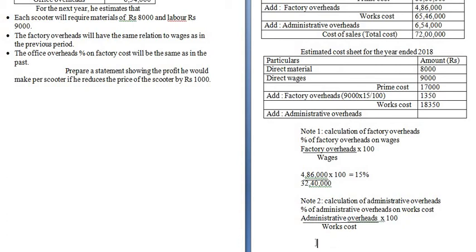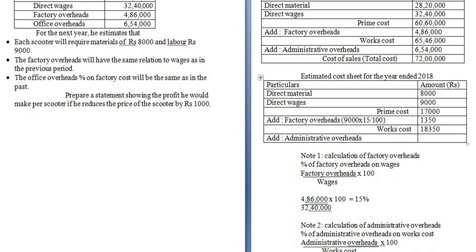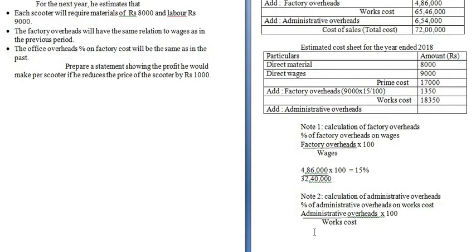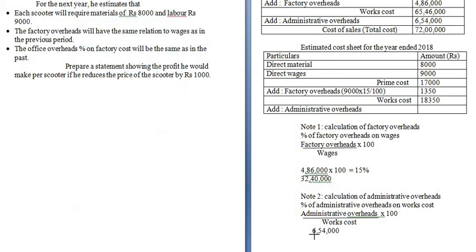Now here administrative overheads in the year 2017 is 6,54,000. Okay, then divided by works cost. Again go through the problem.